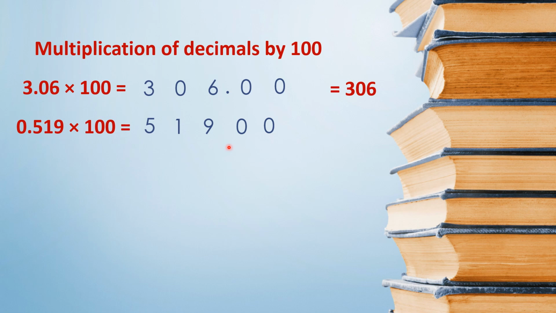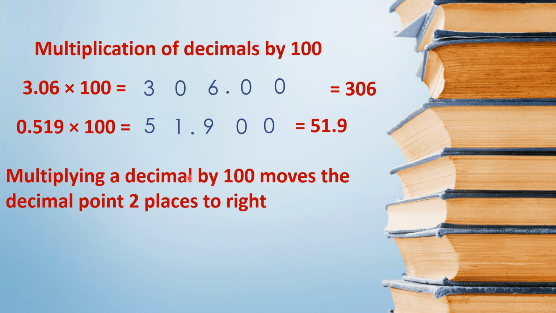So we will put the decimal after 3 digits from here. 1, 2, 3. It means here we will put the decimal. So our final answer is 51.9. It means we can say that multiplying a decimal by 100 moves the decimal point 2 places to the right.